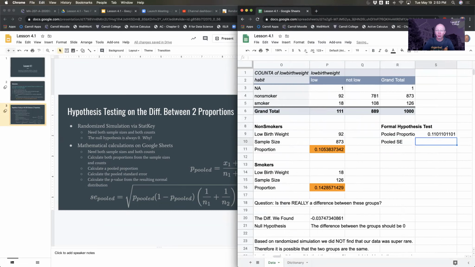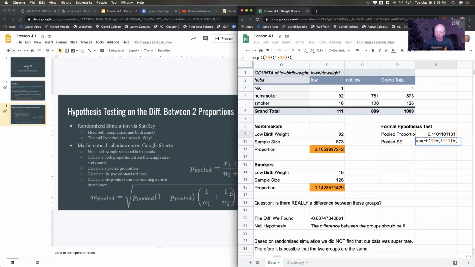So my pooled standard error. I'm following this formula over here on the left. It is the square root of my pooled proportion times (1 minus my pooled proportion), times, open a parenthesis. Some people like to put more parentheses than needed. You only need the ones listed here, plus the ones to start and end the square root, nothing more.